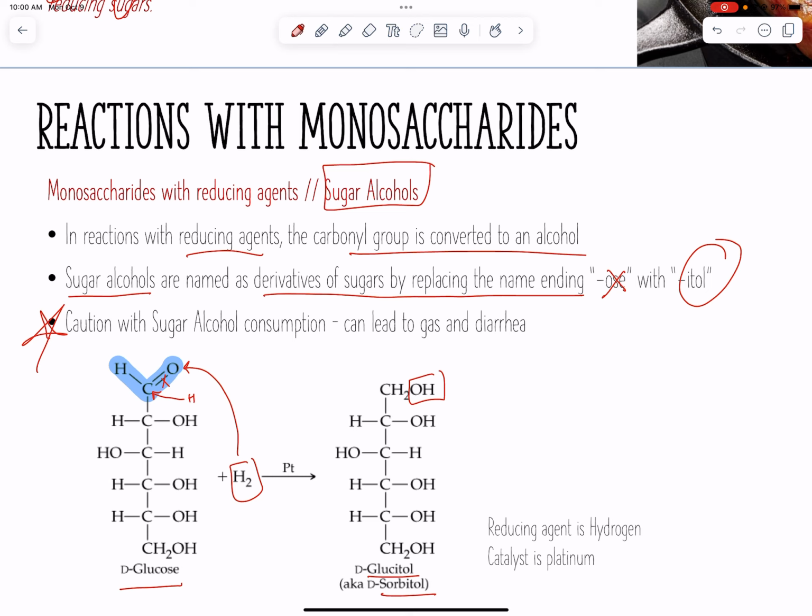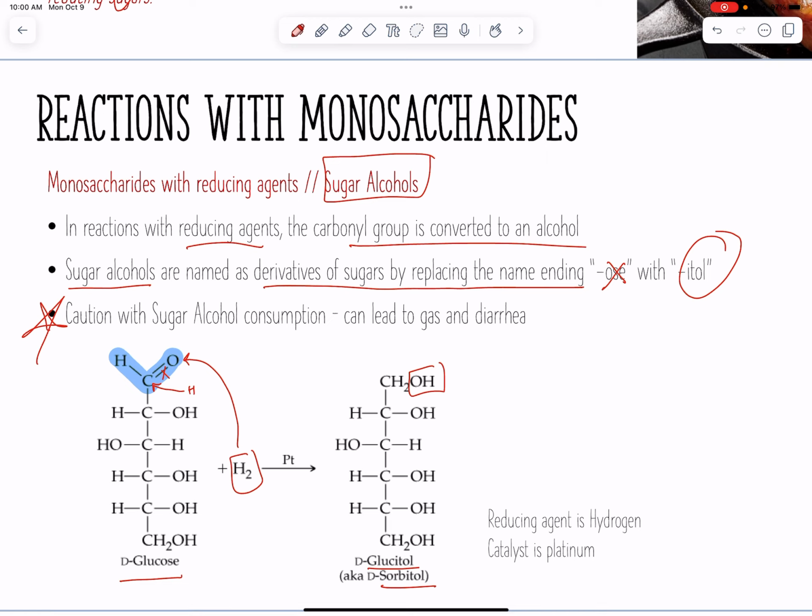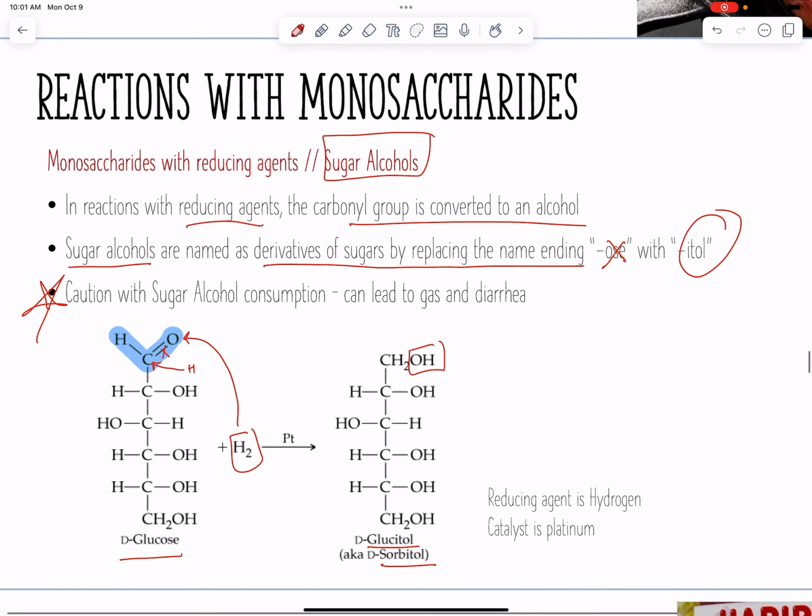Sugar alcohols pass right through our digestive tract. They are not absorbed into the bloodstream because they've been manipulated, and that is why they can upset our digestive tract.